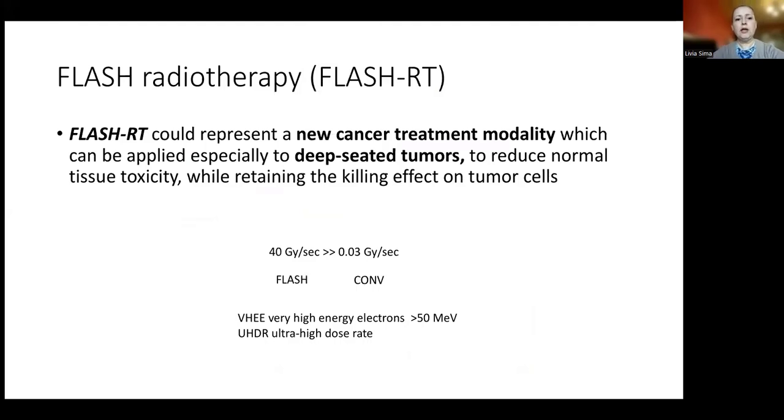So therefore, this flash radiotherapy represents a new cancer treatment modality with high potential to treat deep-seated tumors, to reduce tissue toxicity while retaining the killing effect that is wanted on tumor cells. So the main characteristic of this flash therapy is a very high energy in a very short time applied to the tissues.